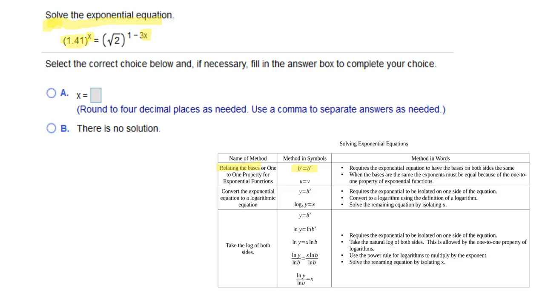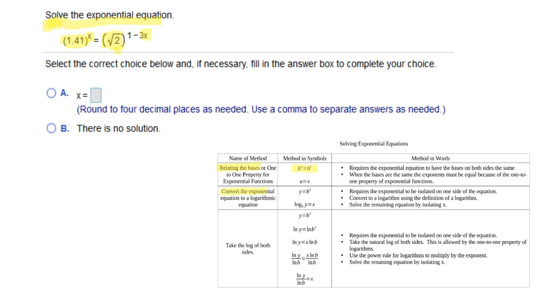We're not going to be able to do that with this example because the base on the left is 1.41, which is a decimal with 2 places, and the base on the right is square root of 2. Square root of 2 has infinite decimal places. So we're not going to be able to make the bases the same.